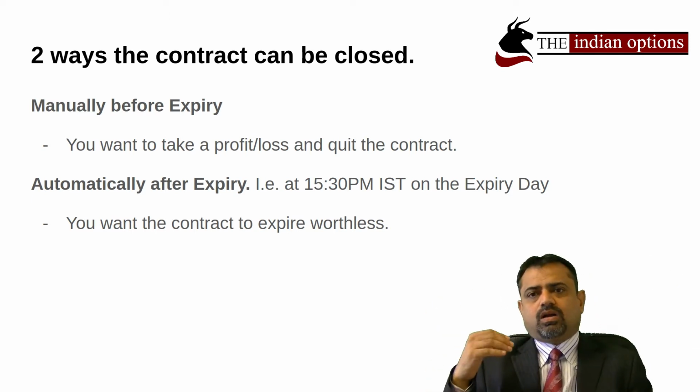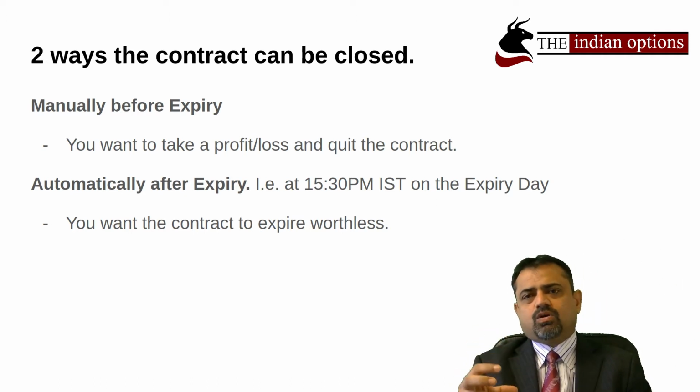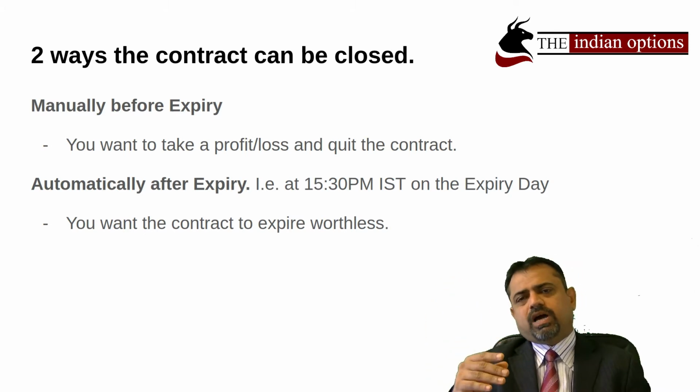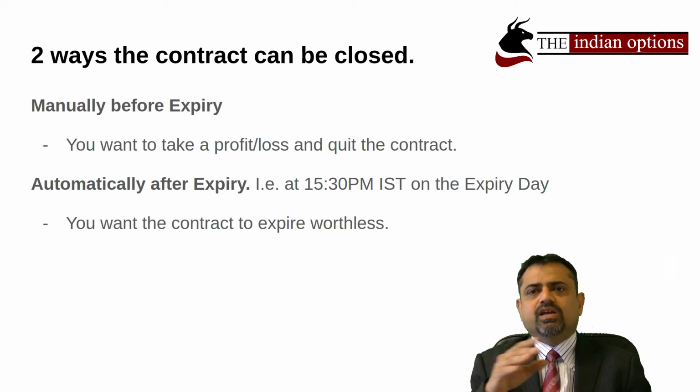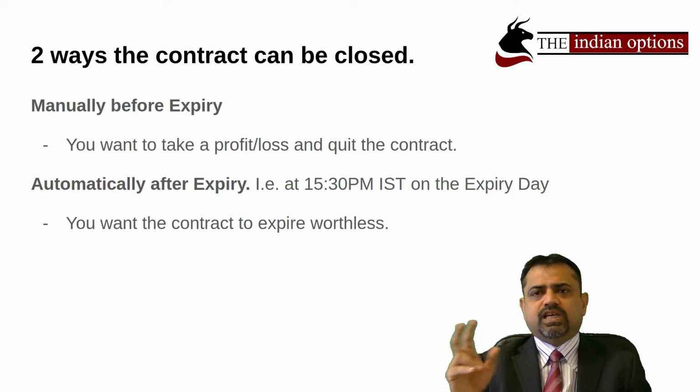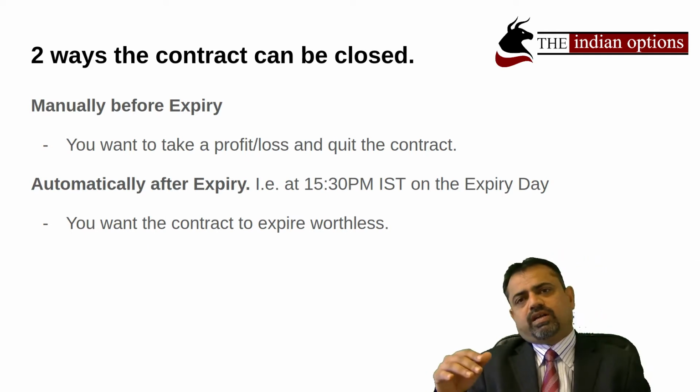Usually when you open contracts and you think there is not much juice left in the contract and you just want to let it expire worthless, you don't close the contract, you just wait for expiry, and the system will automatically close it. So these are the only two methods that you can close the contract, right?